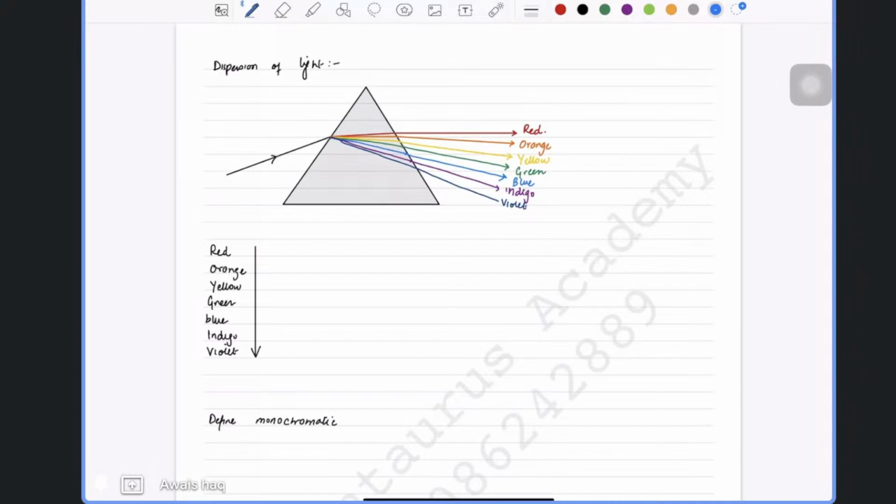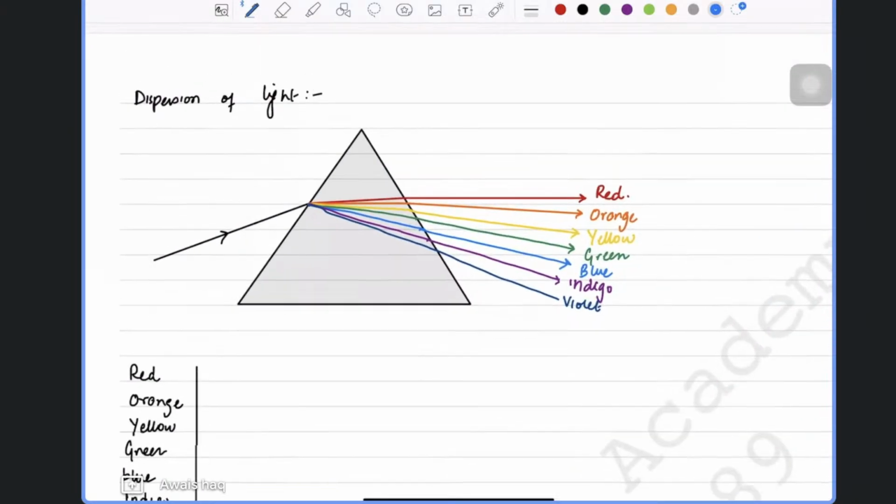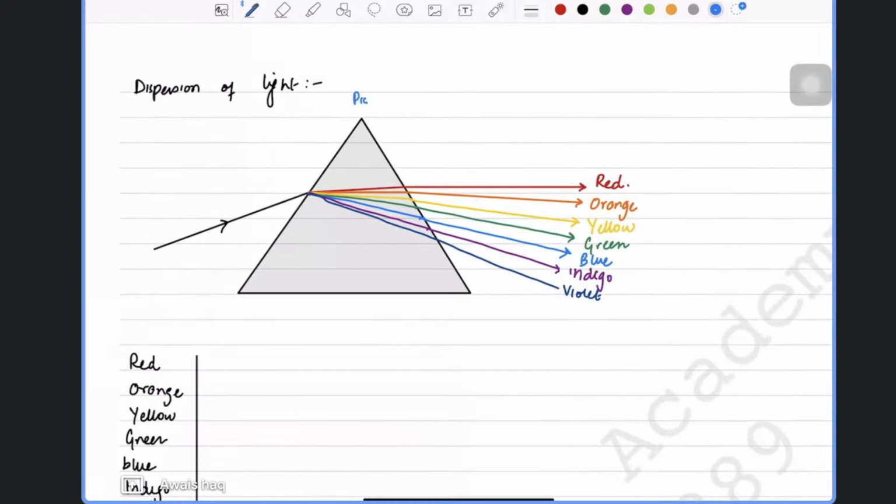And now we're gonna go towards dispersion. Dispersion of light is basically when light goes through a prism. This is white light. The white light basically spreads into its 7 colors, from red to violet.